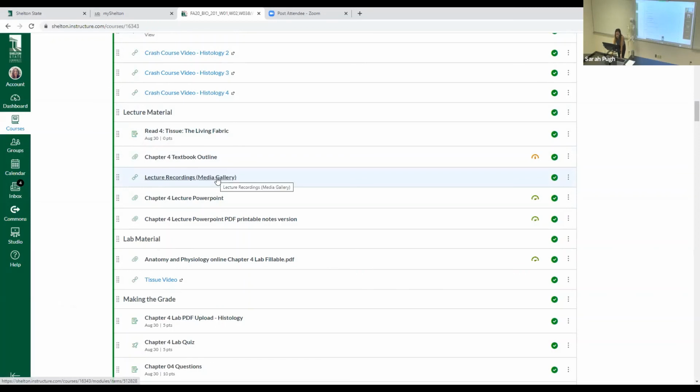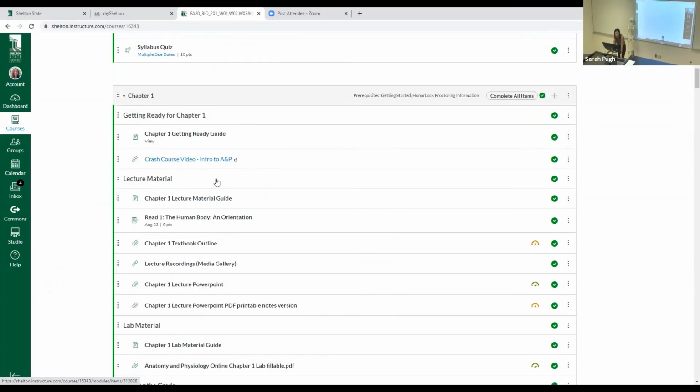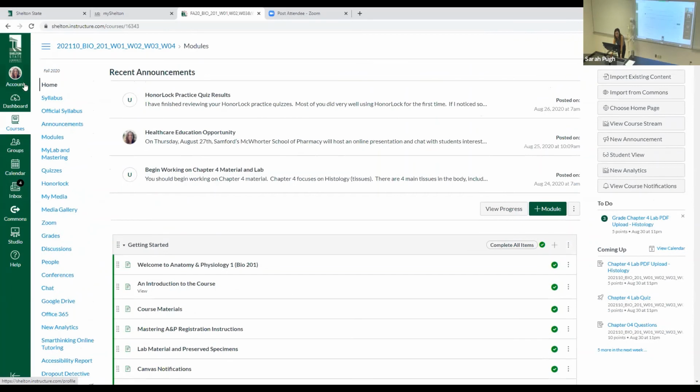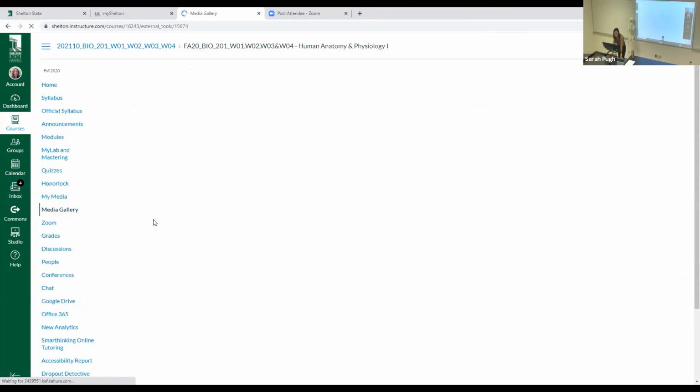So if you click on this, it'll take you to the media gallery, but you can also get there if I scroll back up. See all these tabs over here? Here's the media gallery. So you should see that as well. So you can get to it either directly from the module or over here. And when you go to the media gallery, just kidding. It's going to take a really long time.